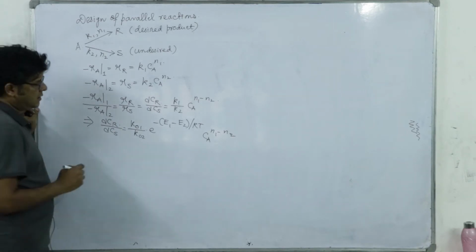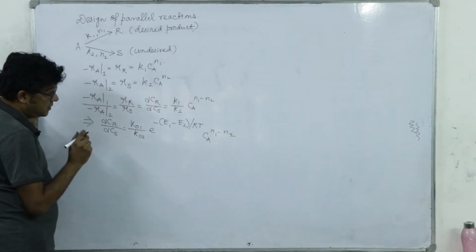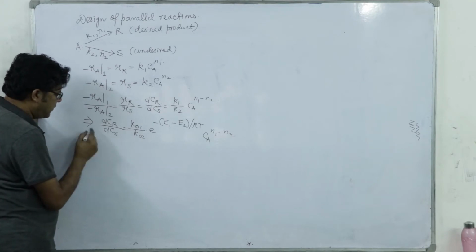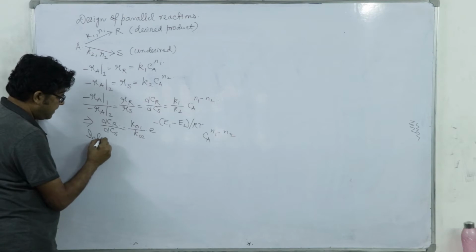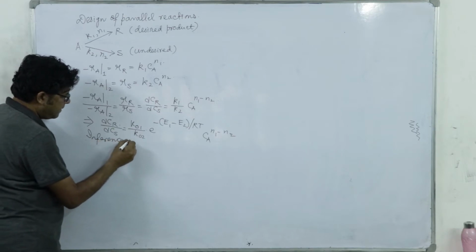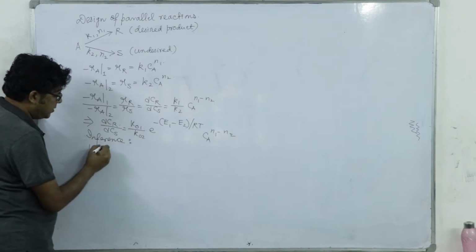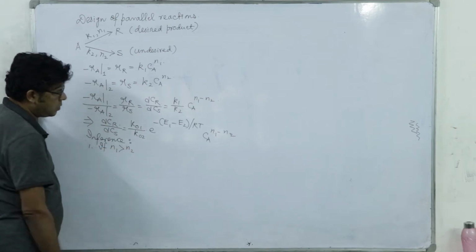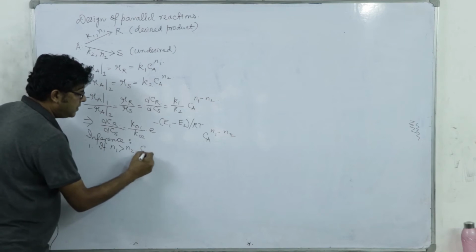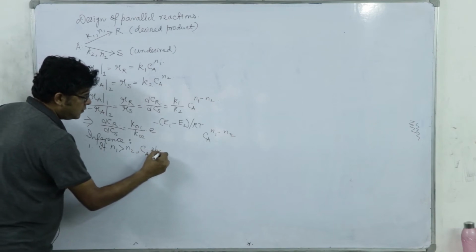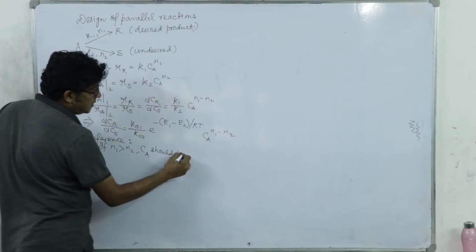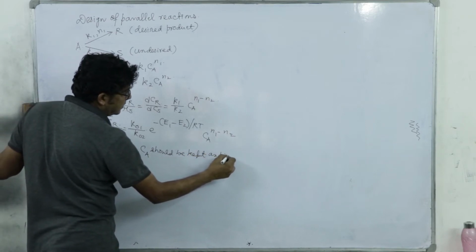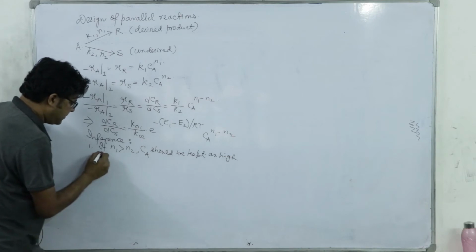Now there are certain conditions, or rather inferences. Number 1, if N1 is greater than N2, Ca should be kept as high as possible.